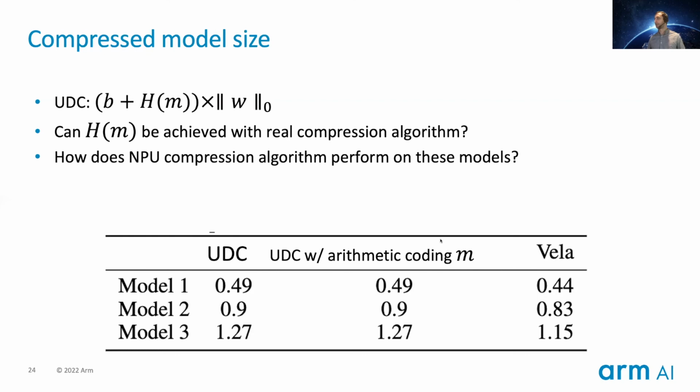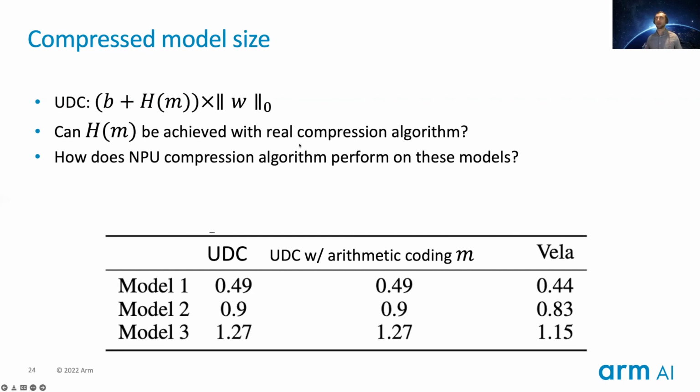The reason this number is smaller than the number I started with in our approach is that we were assuming the non-zero weights are stored using B bits per weight. Meaning if we quantize a layer to, let's say, 4 bits, we use 4 bits to store the non-zeros.